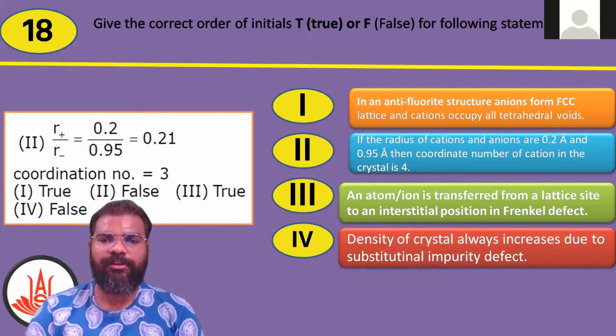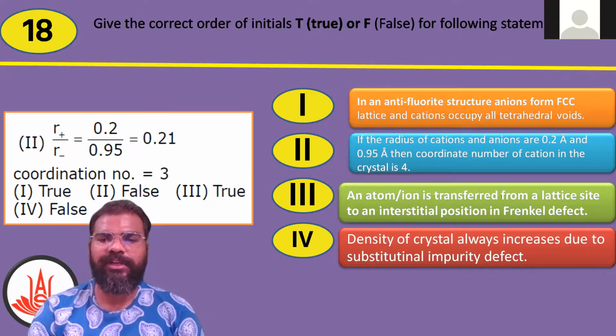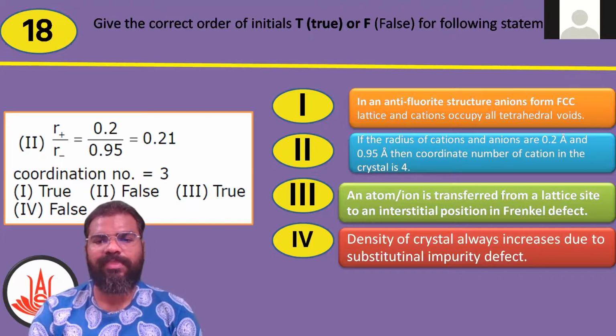Okay, so here the first statement is true. In an antifluoride structure, anions form an FCC lattice and cations occupy all tetrahedral voids. Then the second one, the radii 0.2 angstrom for cation and 0.95 angstrom for anion, and the coordination number of cation is 4, they have given, that is false. It is incorrect.